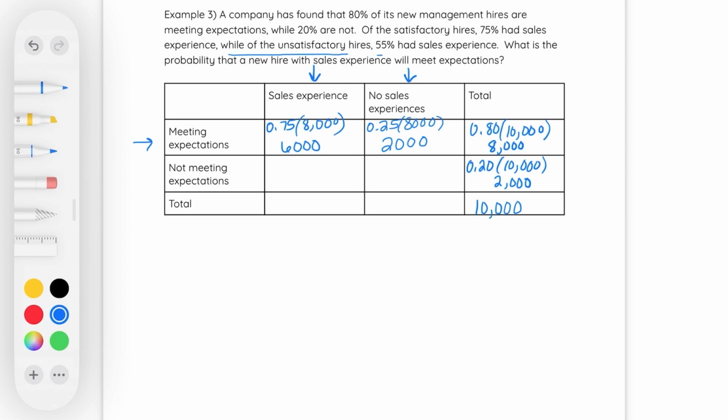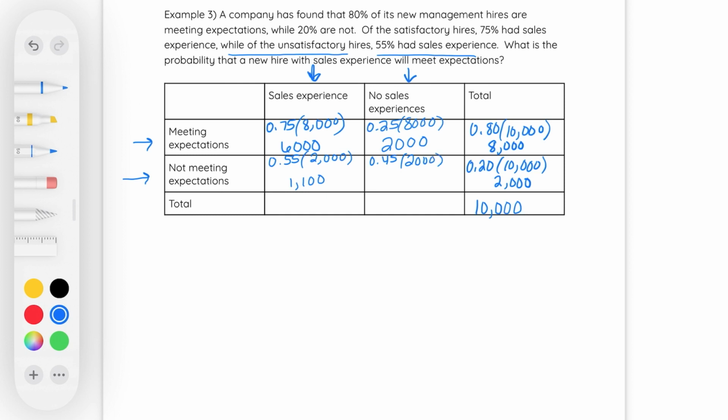Now we're looking at the unsatisfactory hires, 55% had sales experience. So 0.55 of those who were unsatisfactory. So I'm going to round a little bit here. So 1,100. And then, of course, 45% of the unsatisfactory did not have any sales experience.